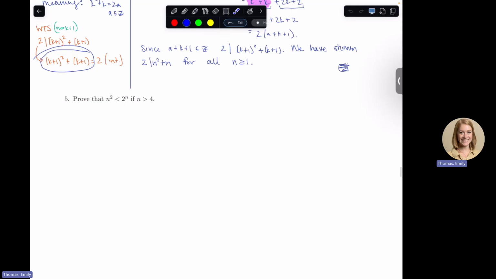Homework 10, number 5, n greater than or equal to 0. Homework 10, Emily. Homework 10, number 5, n is greater than or equal to 0. Okay.